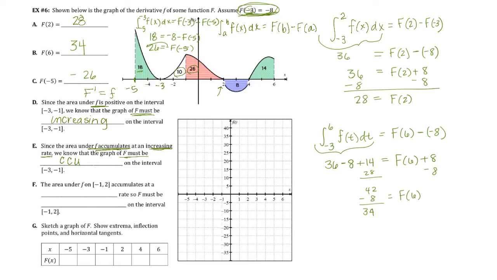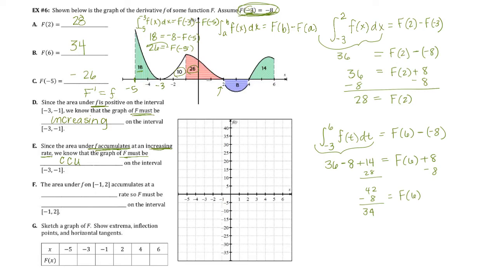Again, that's talking about a second derivative. So now let's look at F. The area under f from -1 to 2, so we're looking at from -1 to 2, accumulates at 8, and notice it's decreasing there.